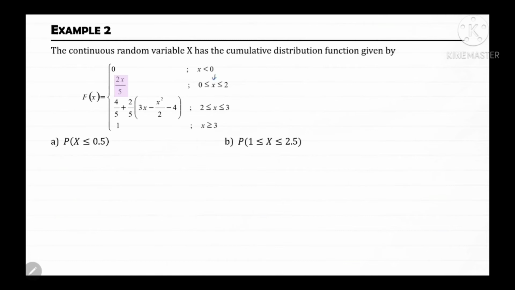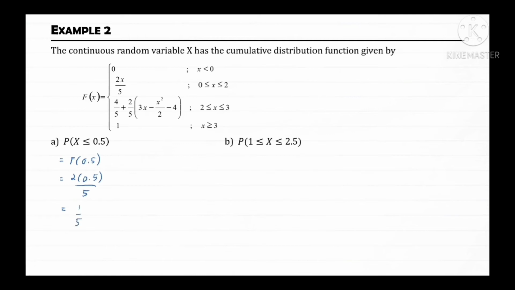So the function is 2x over 5. And probability X less than or equal to 0.5 means the cumulative from negative infinity up to 0.5 is given as F of 0.5. So the function is 2x, x is 0.5, over 5, equal to 1 over 5.